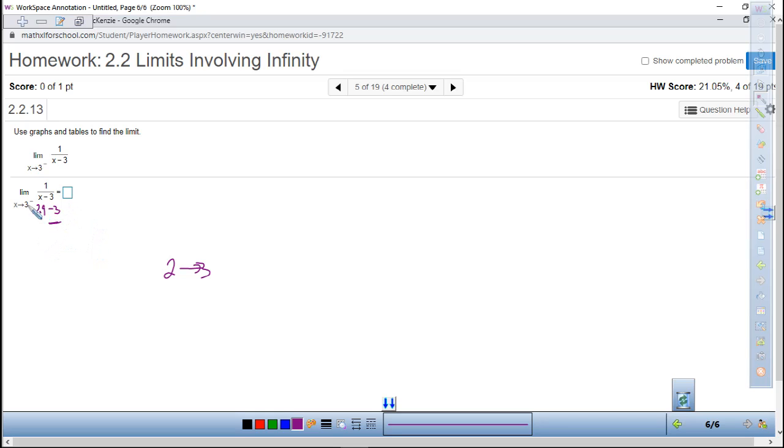And here's the thing. What happens when we have exactly 3 there? Well, we end up with 1 over 0. And if you remember, if we have 1 over 0, this is going to infinity. The reason why is this. Remember, the bottom is getting smaller and smaller and smaller because we're getting closer and closer to 0. So it's like we have 1 over 1/2, 1 over 1/4, 1 over 1/8, 1 over 1/100.